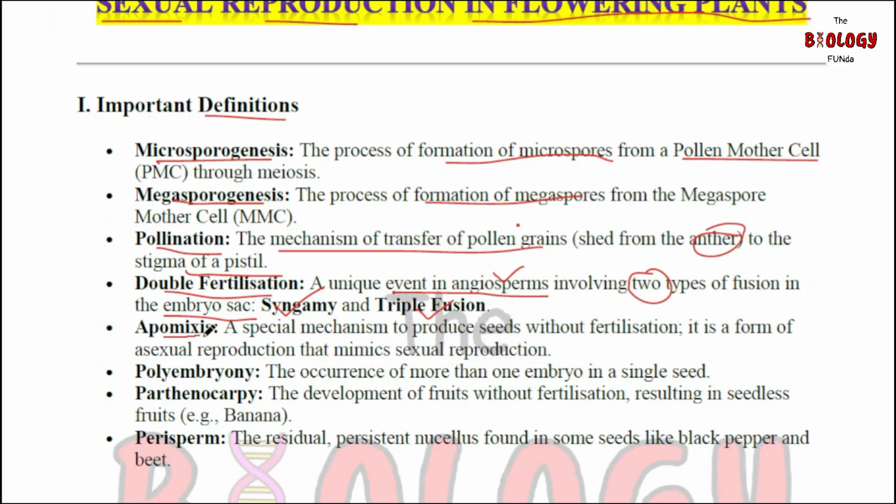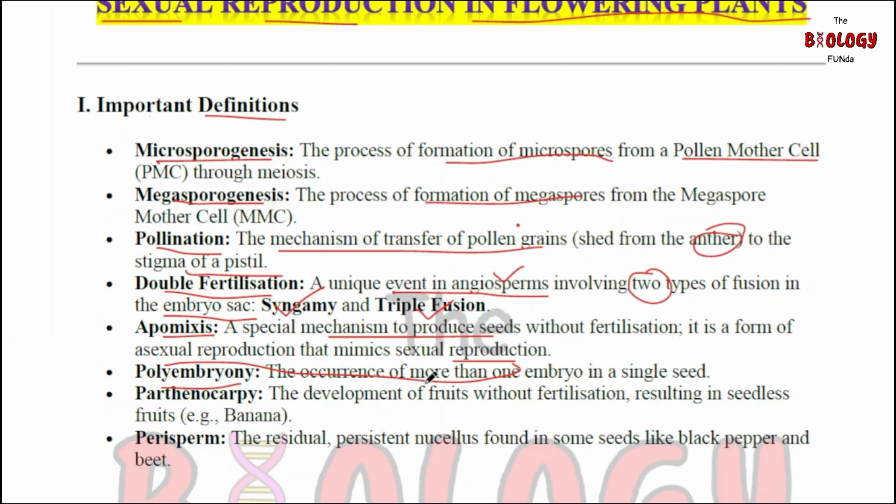Then we have apomixis. This is a mechanism to produce seeds without fertilization. It's a form of asexual reproduction that mimics sexual reproduction.